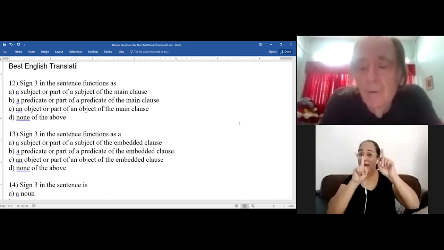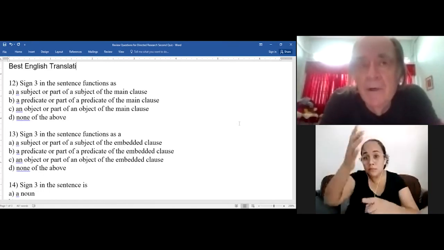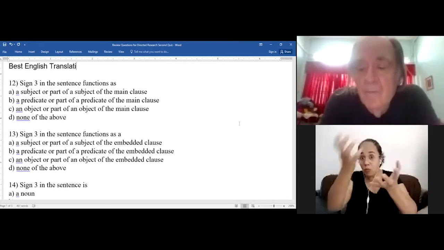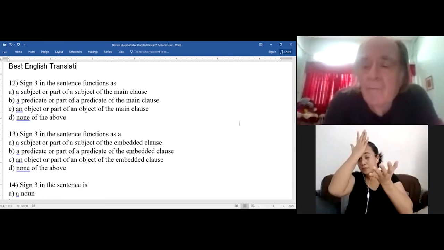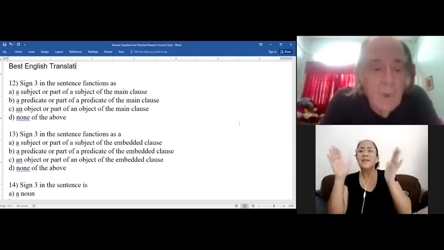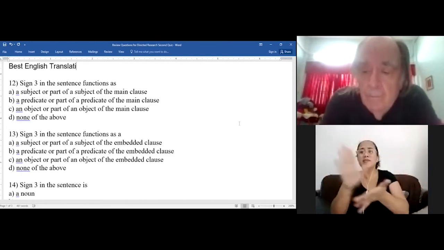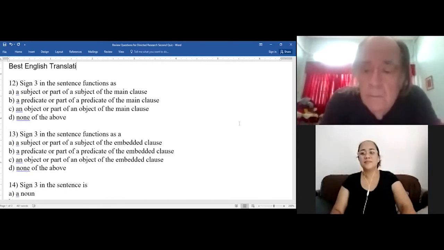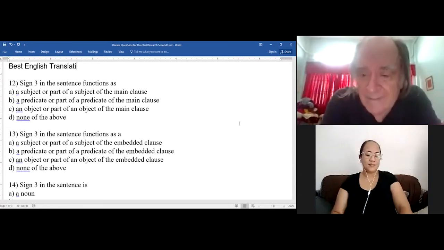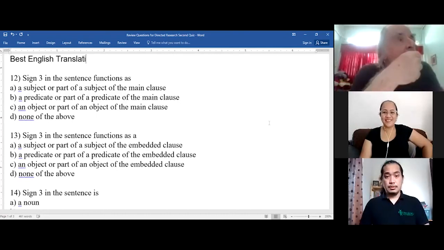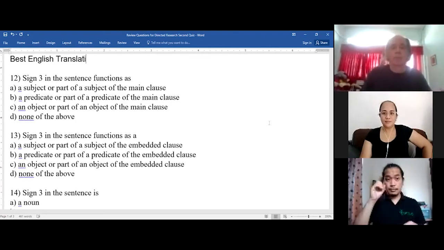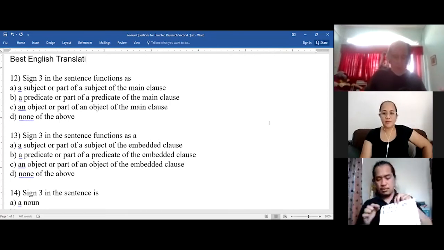Patrick, you want to explain? Peebs, do you want to explain with your diagram before? Okay. So sign number 3 together.